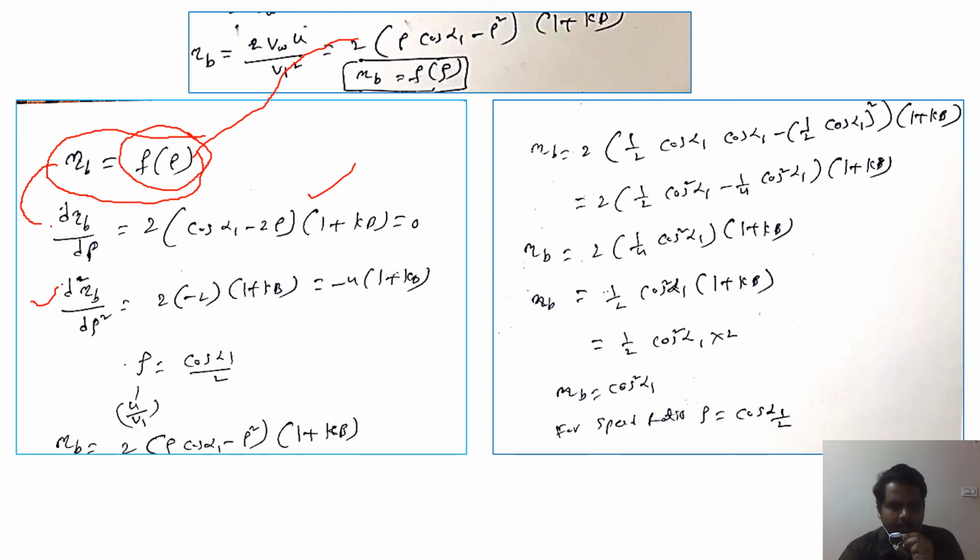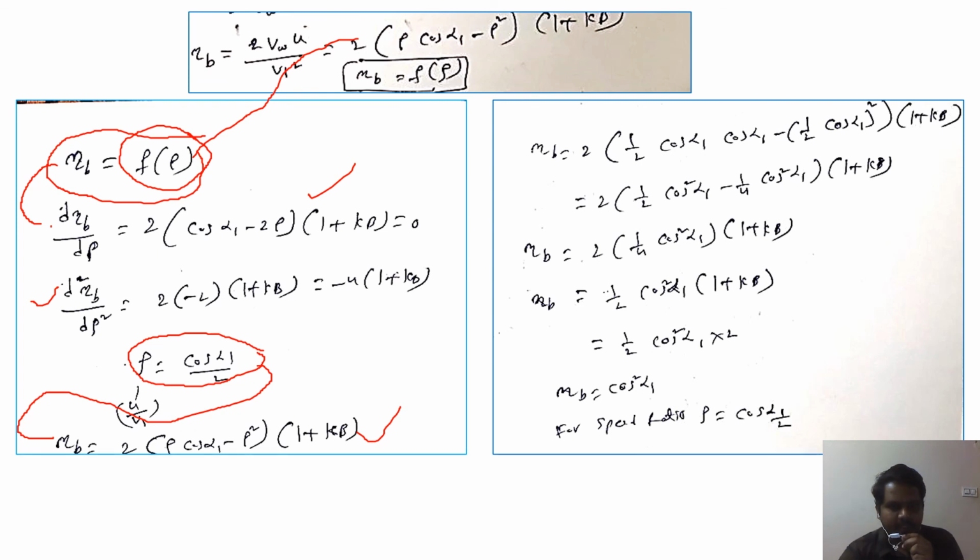Now again, we substitute this rho value in the efficiency equation, 2 into rho cos alpha 1 minus rho square into 1 plus KB, which we already derived in the previous slide.